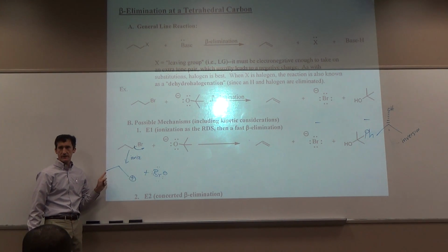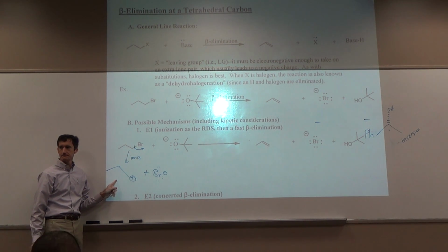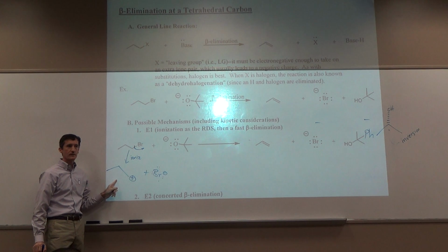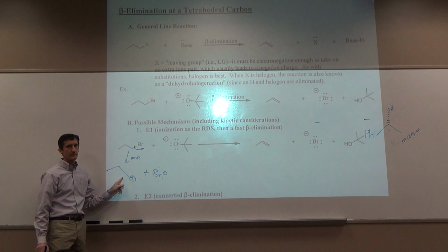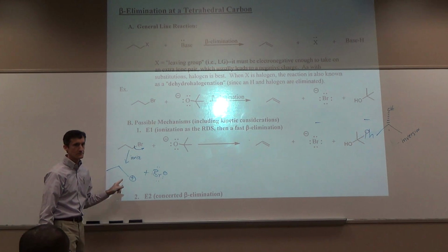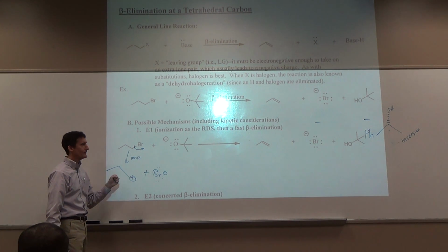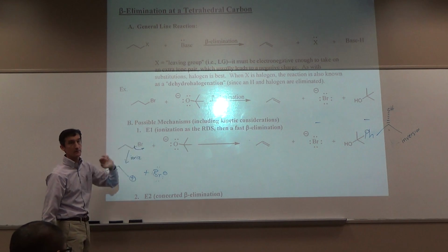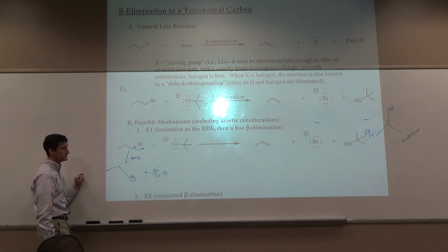What are you already thinking about this mechanism? Do you like what we've done? Why not? Because now we have a primary cation. Primary cation bad. So we already know, hopefully, that this is not the mechanism for this reaction. But I'm still going to show you in E1.